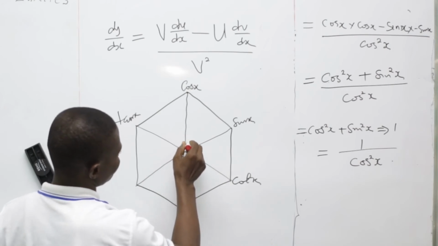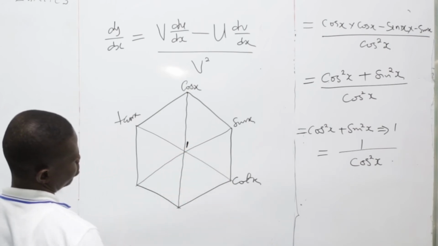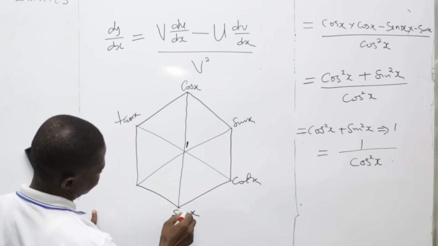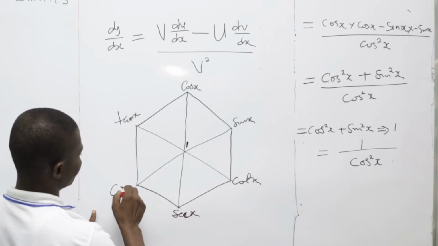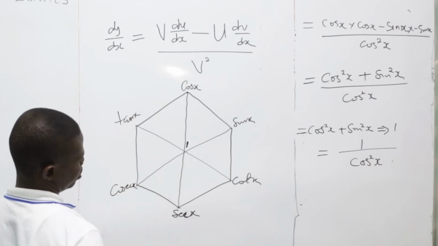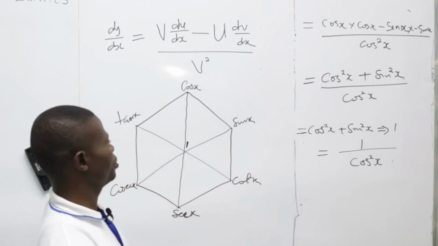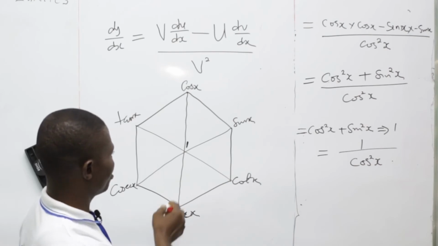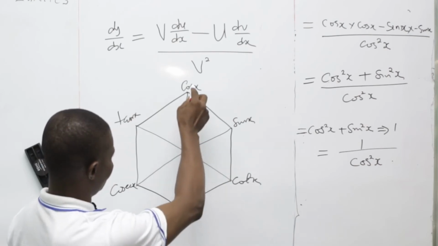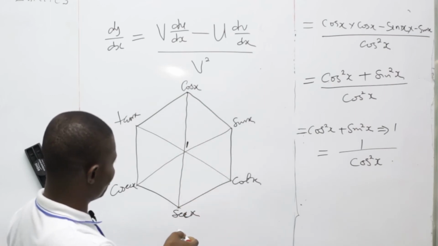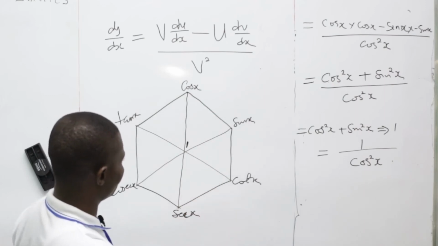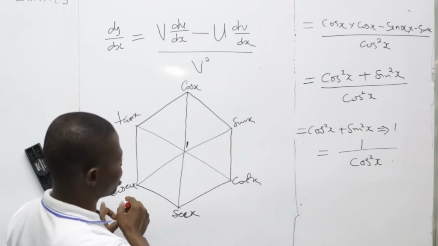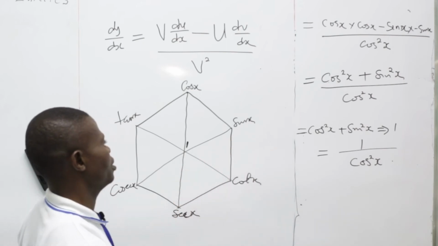The center is just 1. Sec x, cosec x. Now, if I have 1 over cos x, it will give me sec x. If I have 1 over sin x, it will give cosec x.